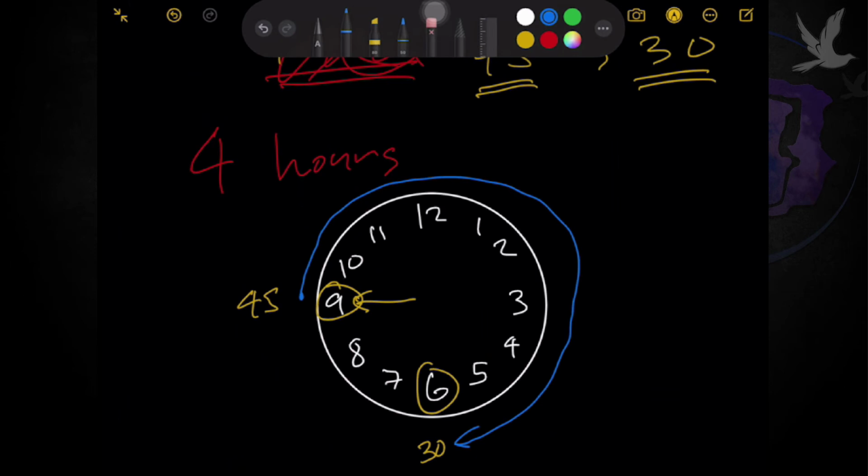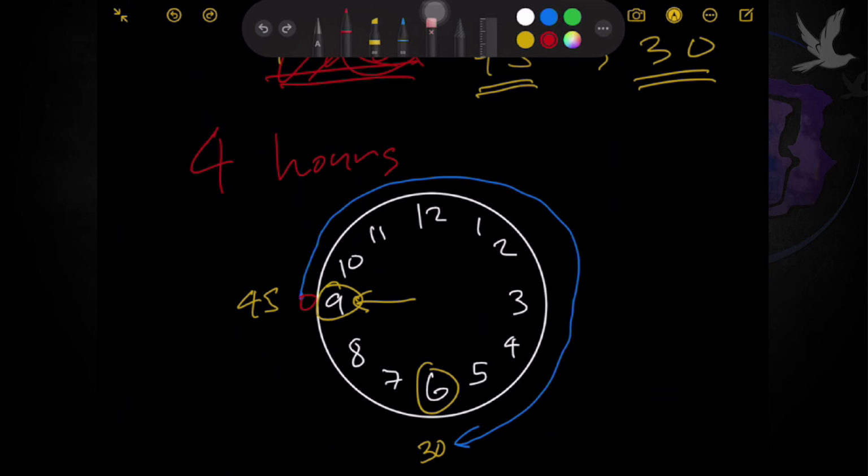So then again, when you count, start at 0. That's 0, 1, 2, 3, 4, 5. Why am I counting by 1? You're supposed to skip by 5 here because then again, this is minutes.